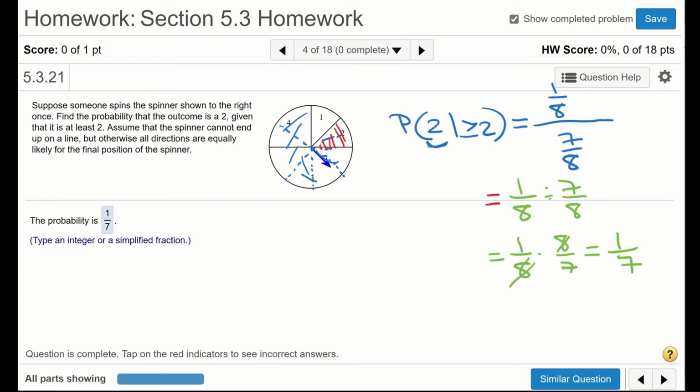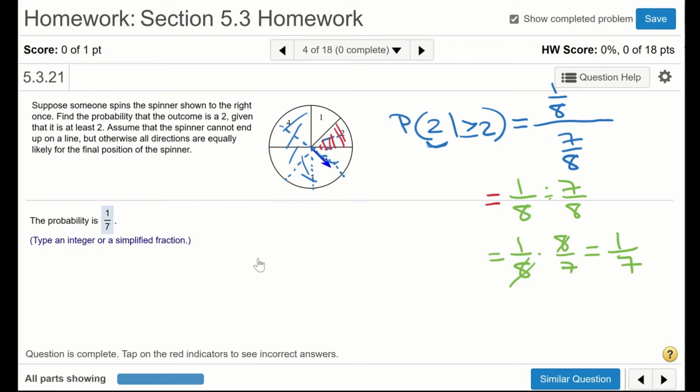Okay, so find the area of interest. That's going to be this outcome divided by the area represented by this request, that it's greater than or equal to 2. So we know that that is going to be this much of the circle, which is 7/8. That's why that's the total area under consideration.